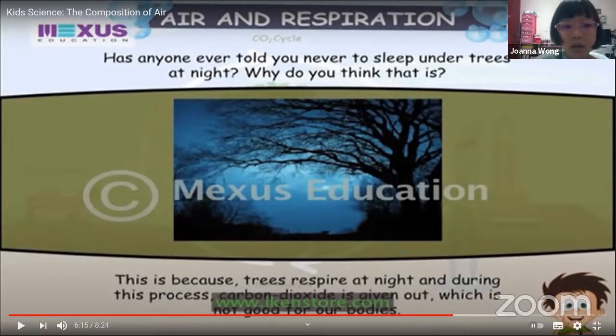We will get the oxygen from the air, and the tree will breathe out carbon dioxide.